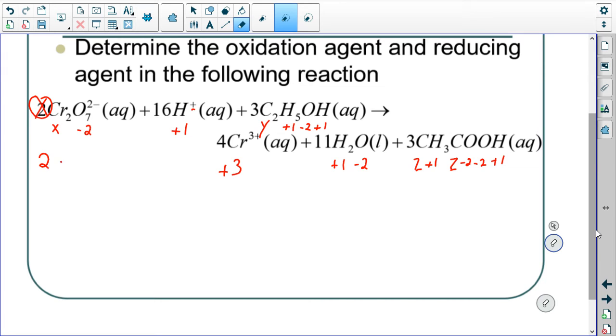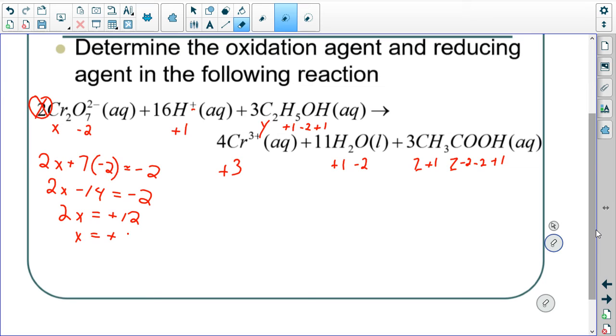We only want to look at what the entity is. We have 2 unknowns, 2 Crs. We have 7 oxygens, each assigned a -2. And I have 2 extra electrons, so I want all of this side to equal the 2 extra electrons. 2x minus 14 is equal to -2. 2x is equal to +12.